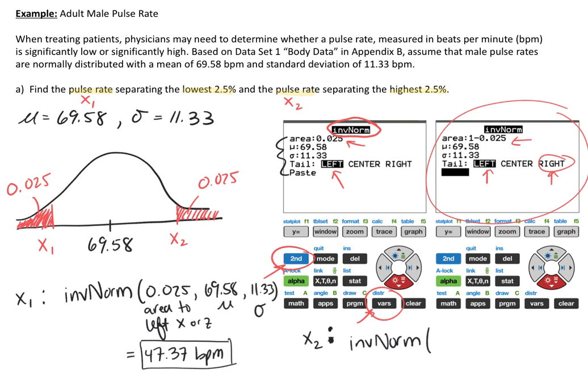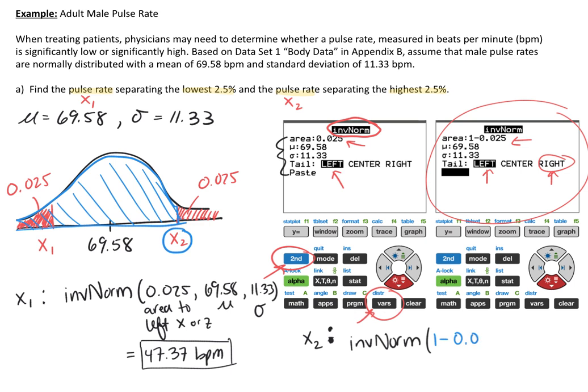So I want you to take a look at the bell-shaped curve that I have here, and I'm about to circle something in blue. So x sub 2 is the variable that we're trying to find, and the area to the left of x sub 2 is everything that I'm shading in blue, okay? So when you type in the area to the left on your calculator, the area that is in blue represents 1 minus the area that is on the right tail, which is red.